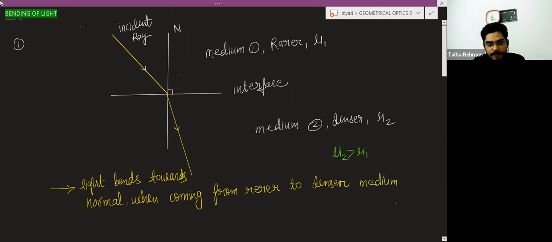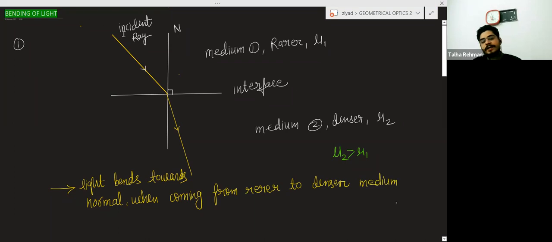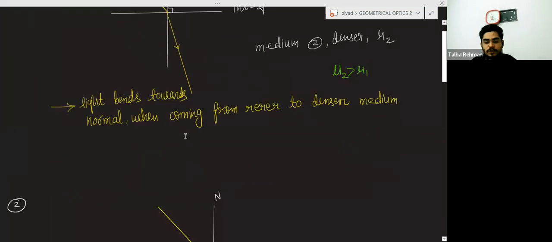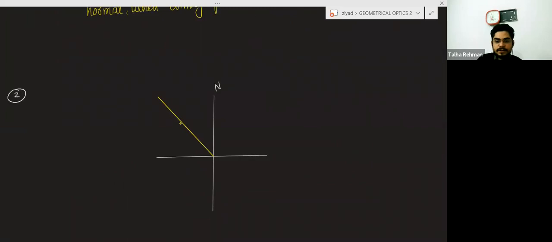If the ray of light is going from denser to rarer, this medium is the denser medium and this medium is the rarer medium. To imagine it, you can take the example of water. Light is traveling this time from water to air, the rarer medium.